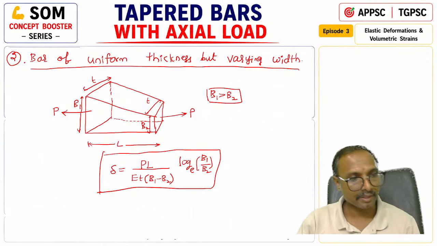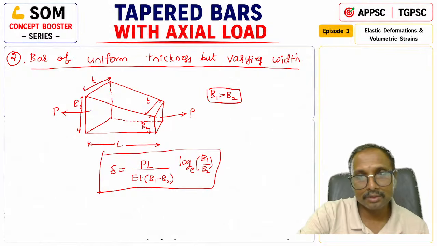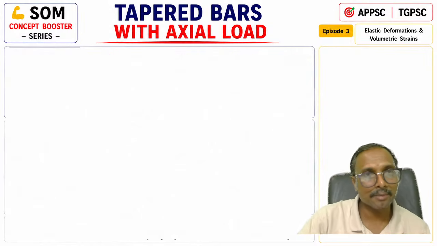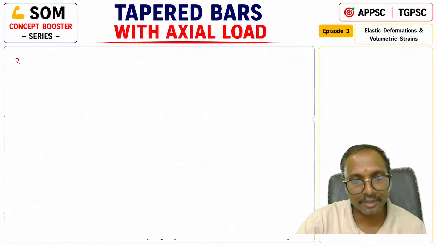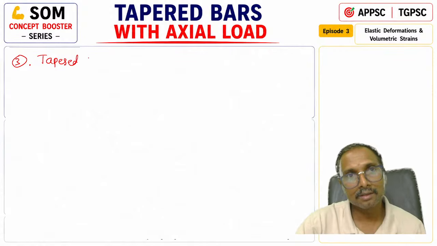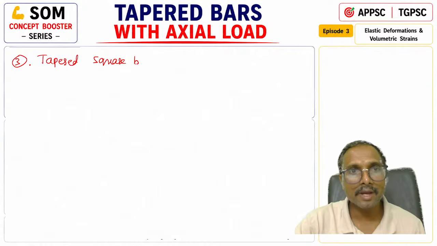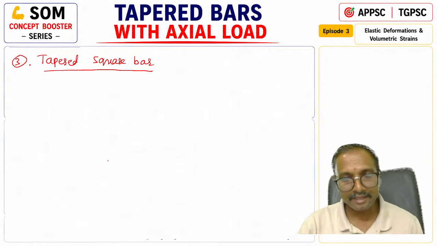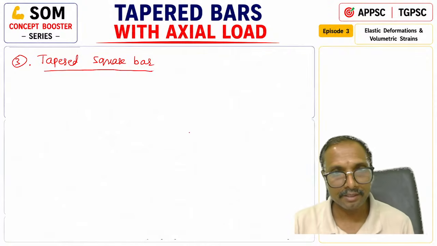Right. Okay, now we'll go to the last case of tapered bars, the third case. What is it? Tapered square bar. What is the meaning of tapered square bar, tell me.